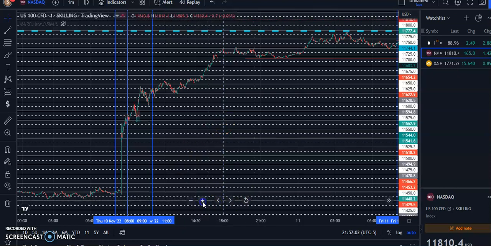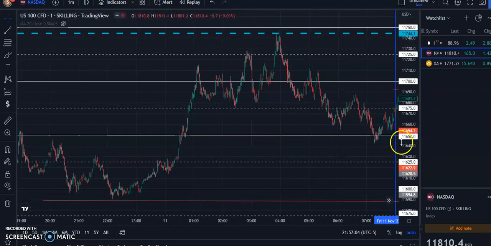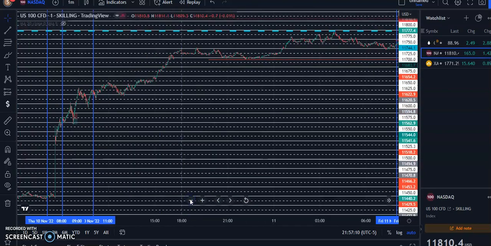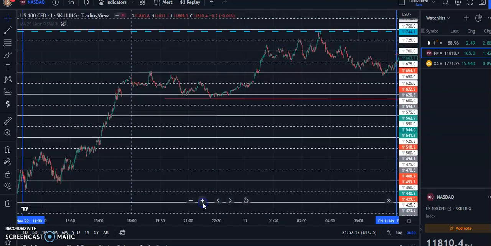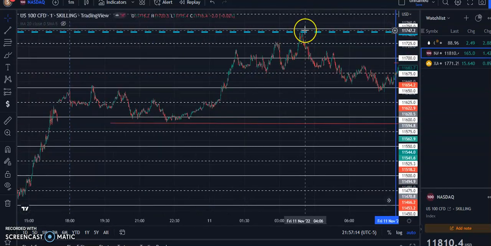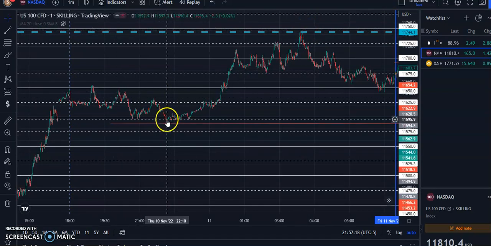And prior to my New York window open at 8 a.m. New York time, the highest point that the market has reached, that is the high of the day, and the lowest point, that is the low of the day.